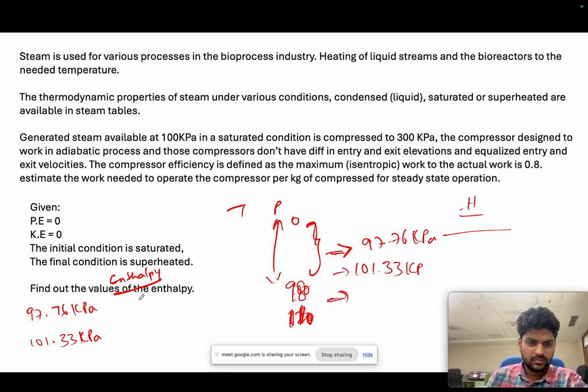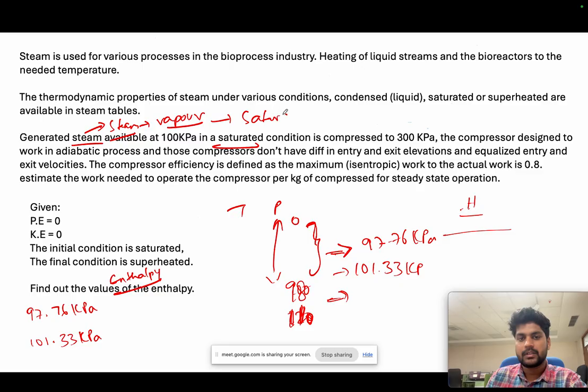Sir, for enthalpy there are three values. You need to take the last value. It is saturated liquid, saturated vapor. In the question they have generated steam, and steam is nothing but the vapor. So it is the saturated vapor. You need to check under the saturated vapor. Okay, sir.